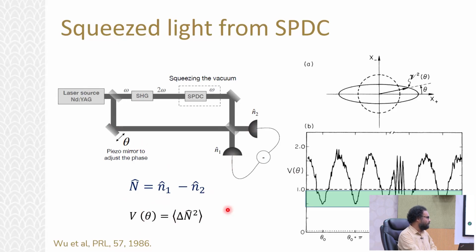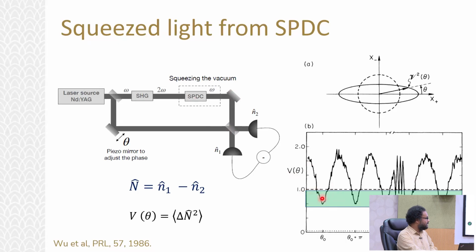Now it can be shown, and it's an exercise I wanted you to go and think about, that the shot noise limit, the standard quantum limit, for coherent light is when this variance is exactly 1. Because I have a quantum light here interfering with my local oscillator, which by the way is a coherent source, you will see that this variance goes less than 1.